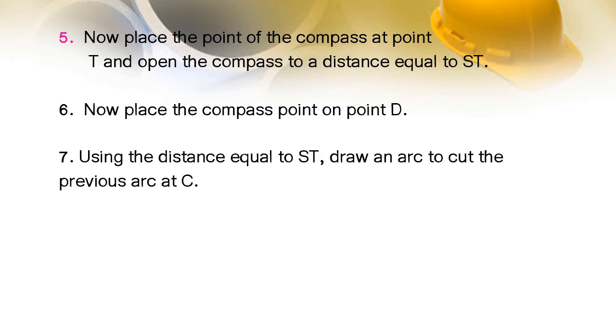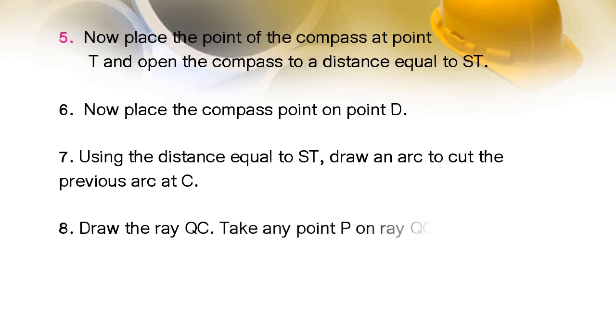One arc is there, and that arc will be cut by this distance ST, and give that point the name C. Now draw the ray QC, because at point C you will get that intersecting point.